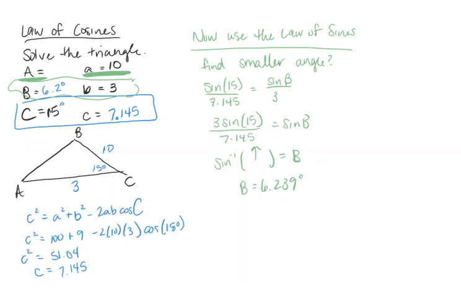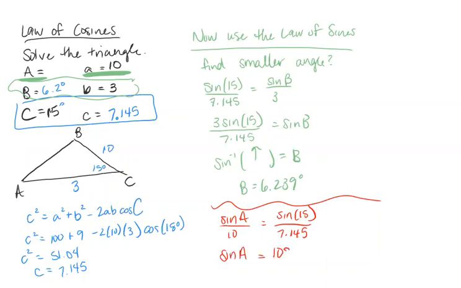And then what we're going to do is, say you're not paying attention and you just go on with the law of sines, which is fine. You can do sine of A over 10 equals the sine of 15 over 7.145 again. Multiply both sides by 10, so you have the sine of A equals 10 times the sine of 15 degrees divided by 7.145.